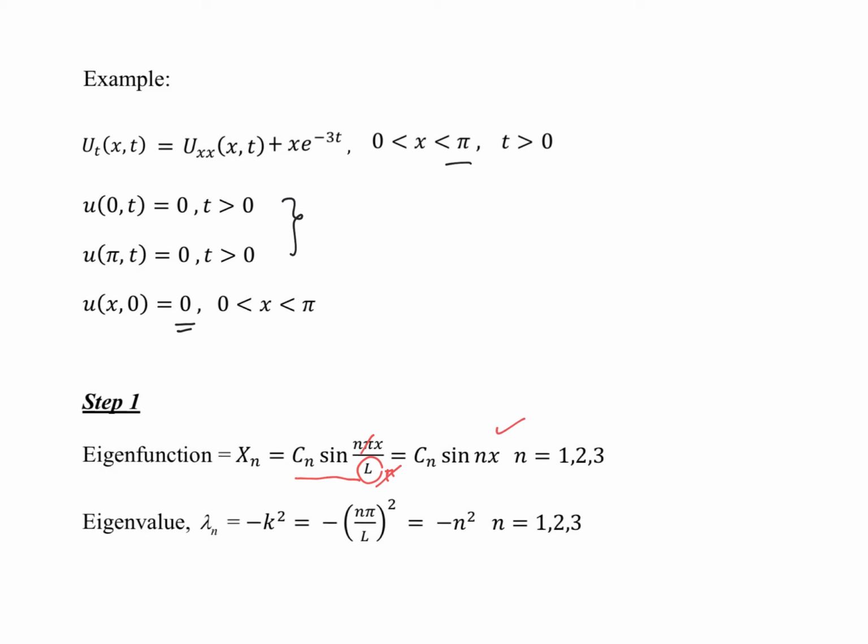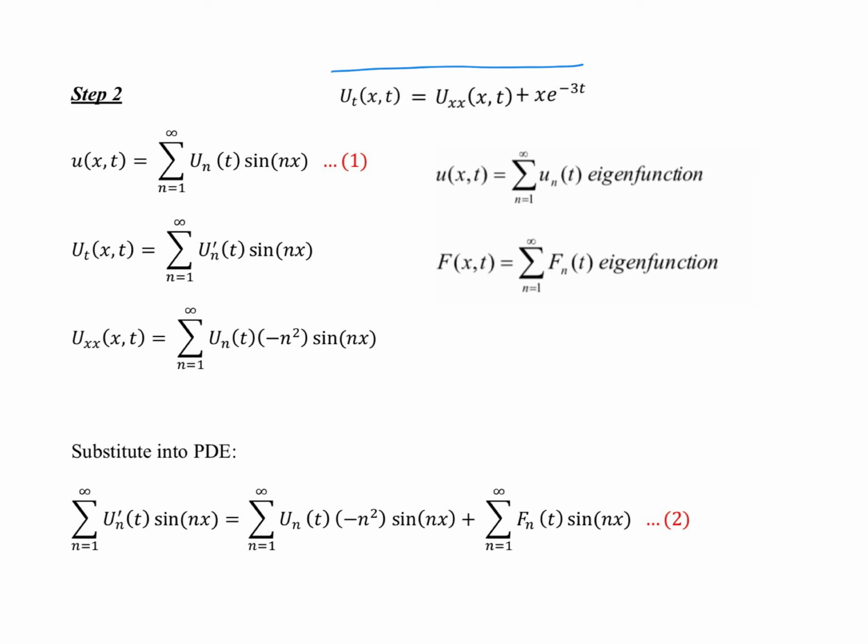And then for the eigenvalue, we have lambda = -k squared. Then we will have -(n pi / L) squared. And then just substitute the value of L, which is pi. So we'll have lambda = -n squared.